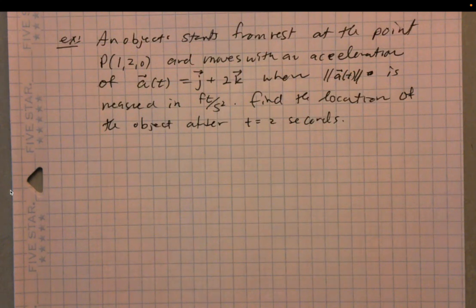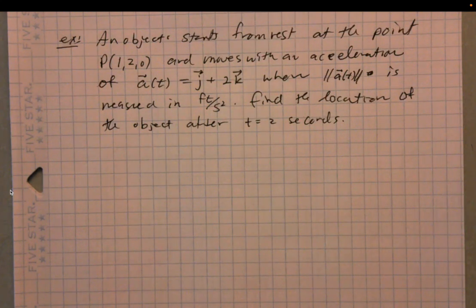In this example, we're told where the point starts, and we're told how it accelerates from that starting position. So remember, the acceleration is going to have a direction, and it's going to have a magnitude, right? So we're told where it starts, and we're told in what direction it starts to accelerate and what that acceleration looks like. And so the question here is, where is this thing to be found after 2 seconds?